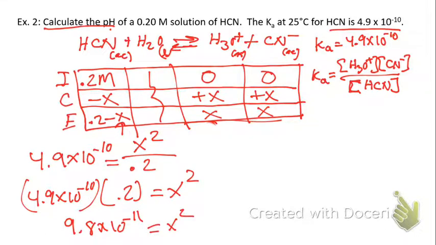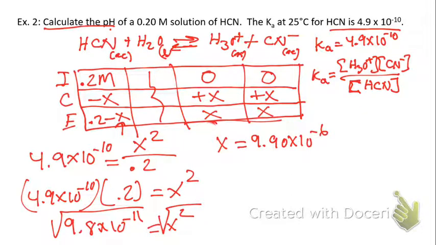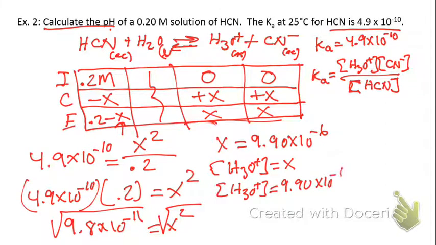I can get rid of the square by taking the square root on both sides, and that should then give me my x value. x should equal essentially 9.90 times 10 to the minus 6, and that is really small, which should be expected. Well, x is my hydronium concentration at equilibrium, so I can say that the hydronium ion concentration is equal to 9.90 times 10 to the minus 6.